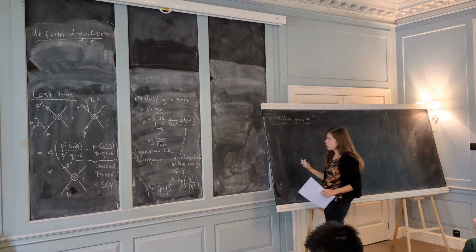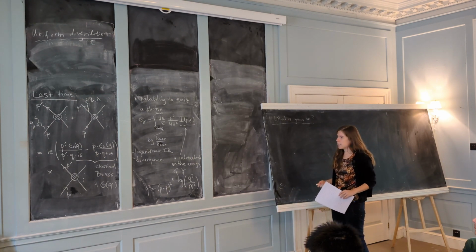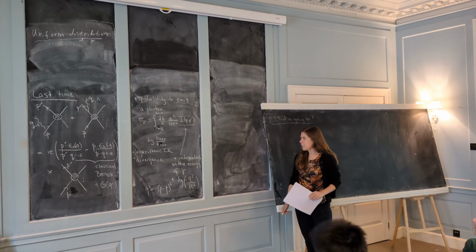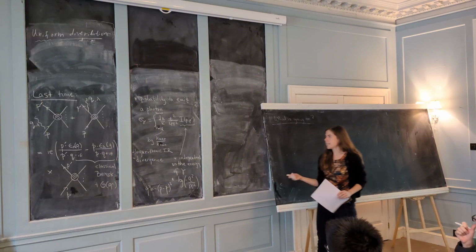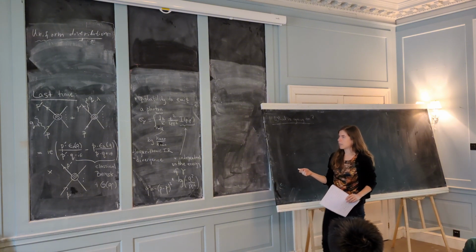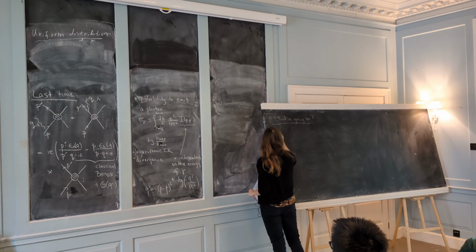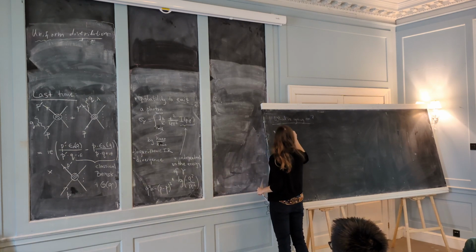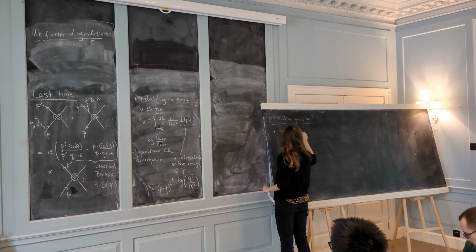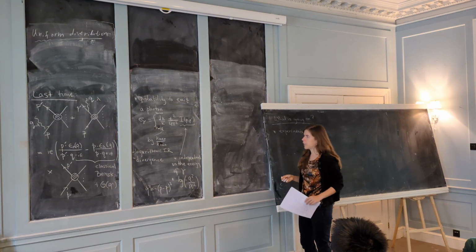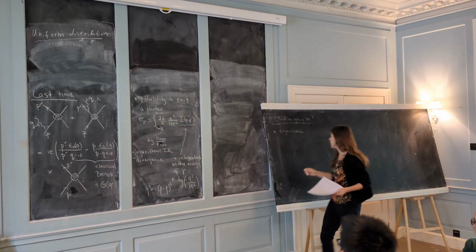And at the heart of this idea, or rather of what we are going to do next, is that in practical experiments we always have a detector that detects these external particles.